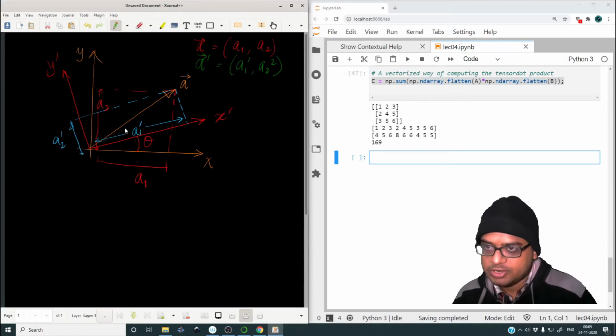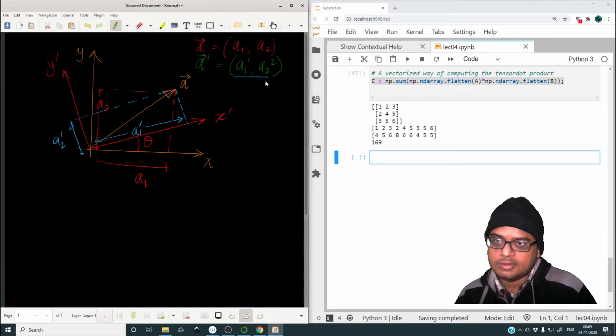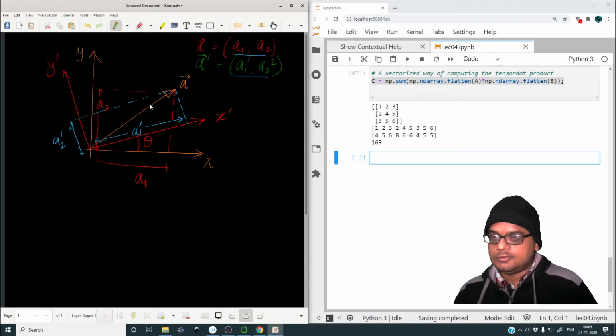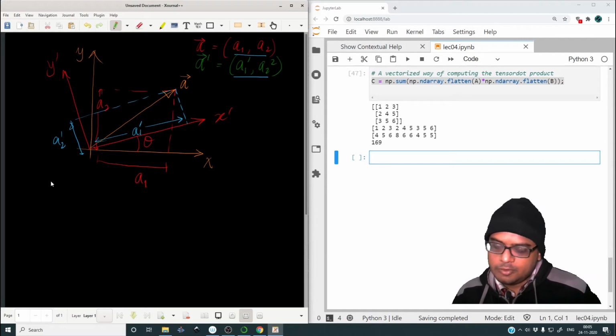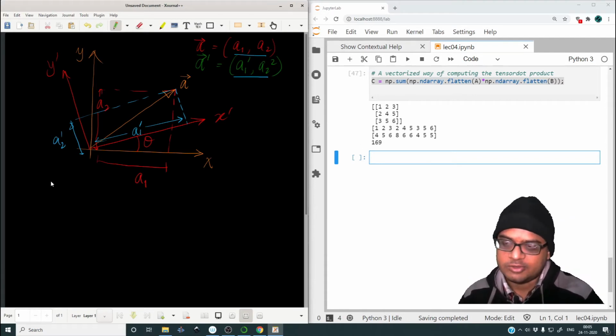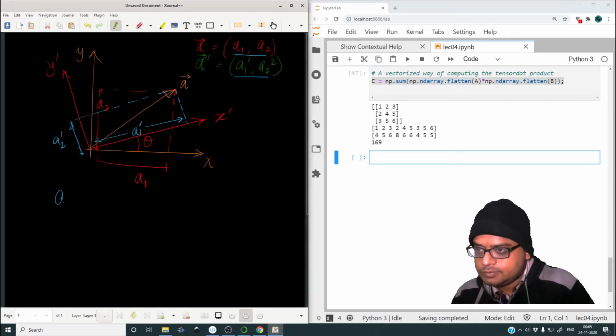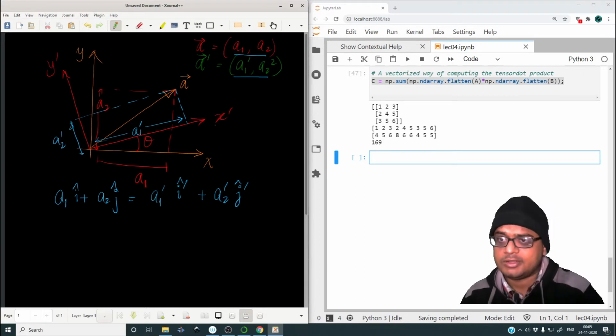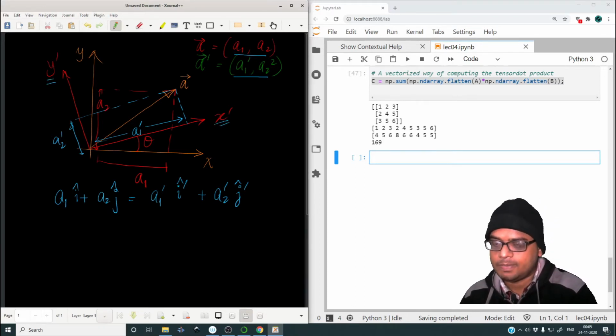So we're interested to relate the components in the rotated coordinate system with the original coordinate system. The fact of the matter is, rotation of a coordinate system should not have any bearing on the representation of A, meaning a1 i plus a2 j should still be equal to a1 prime i prime plus a2 prime j prime, where i prime and j prime are unit vectors in the x prime and y prime direction.